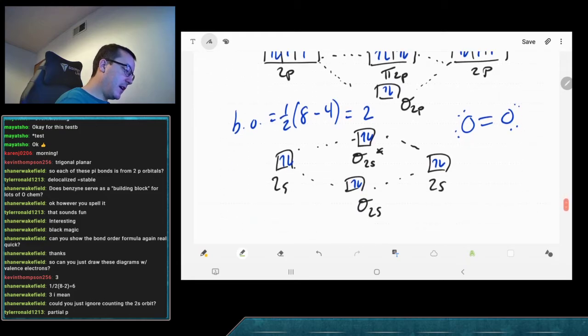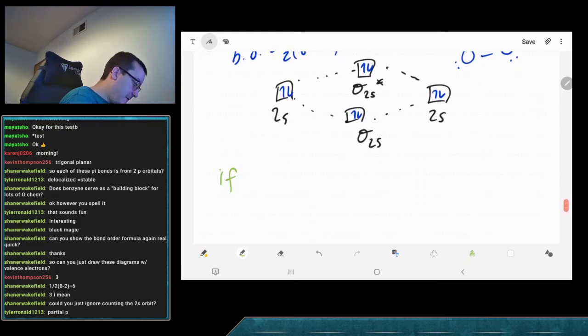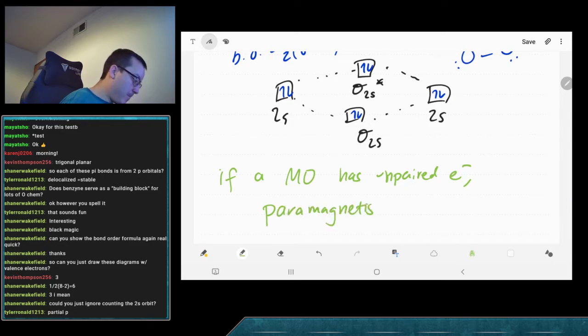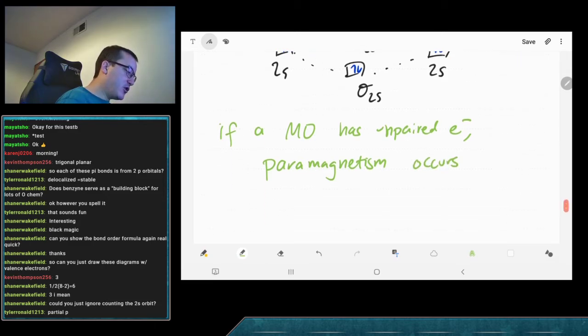And we're going to see that if a molecular orbital has unpaired electrons, we get what is called paramagnetism, which means that these are attracted to magnetic fields.